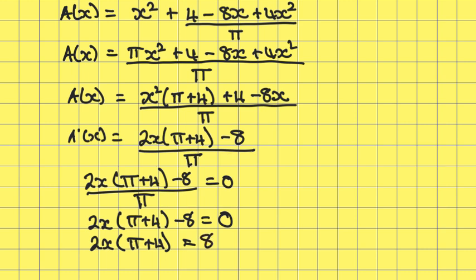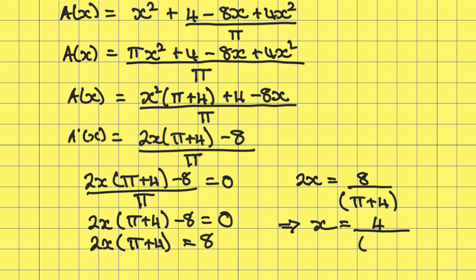Divide by pi plus 4, so therefore I get 2x is equal to 8 divided by pi plus 4. Therefore, x is equal to 4 divided by pi plus 4.